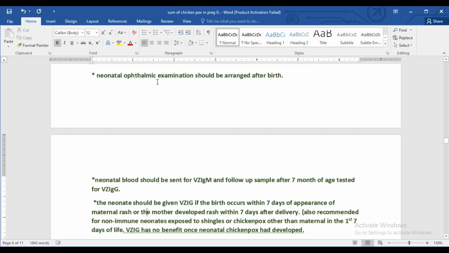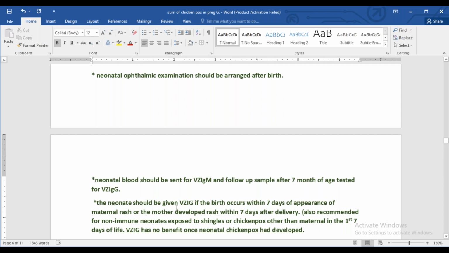They said that neonatal ophthalmic examination should be arranged after birth. Neonatal blood should be sent for varicella zoster IgM and a follow-up sample after 7 months for IgG.